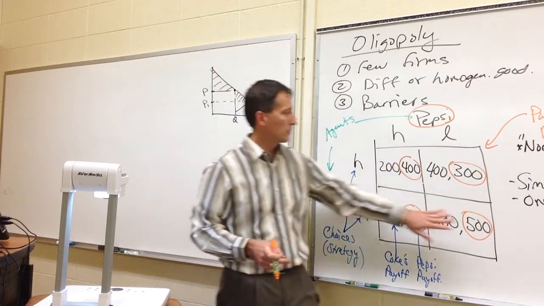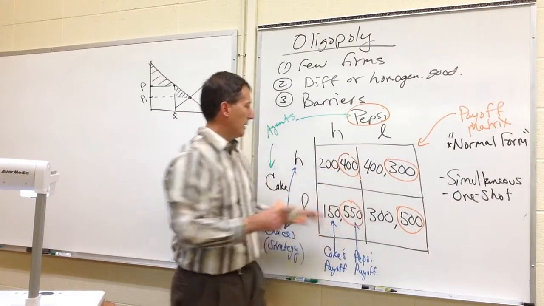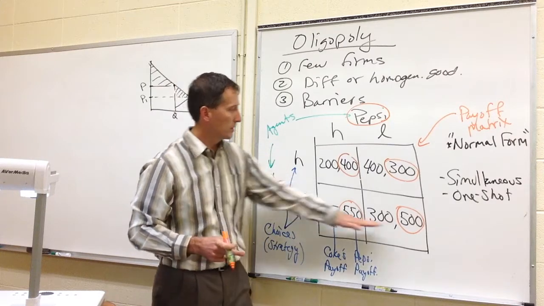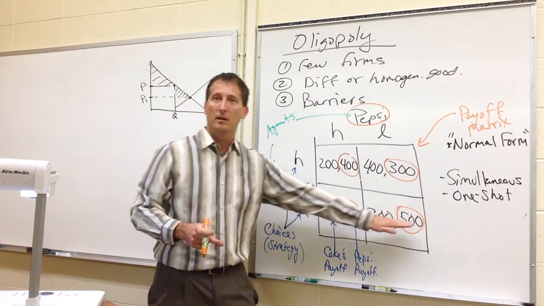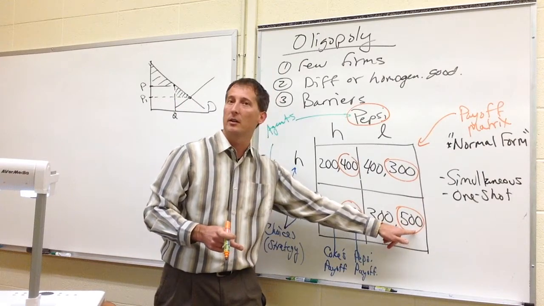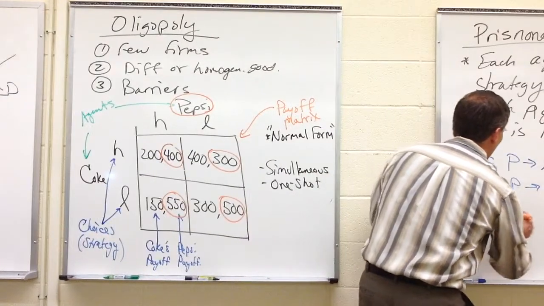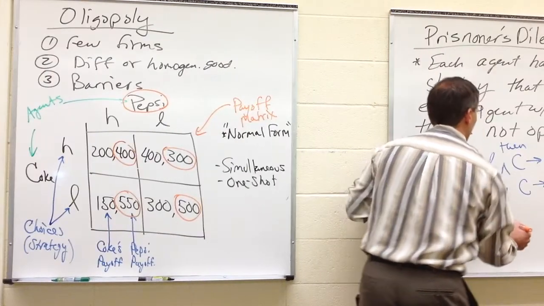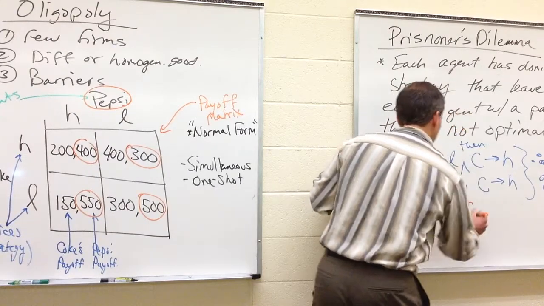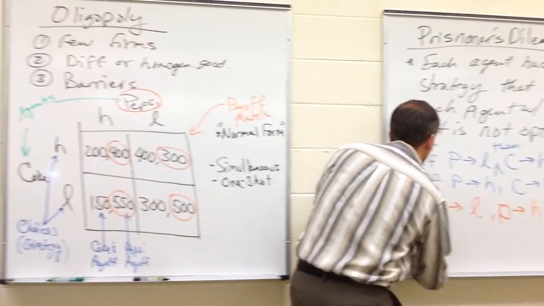So if Coke goes high, Pepsi should go high. If Coke goes low, Pepsi should go high because 550 is greater than 500. Right? So let's write that one out. If Coke goes low, since I did it low here, Pepsi will choose high.